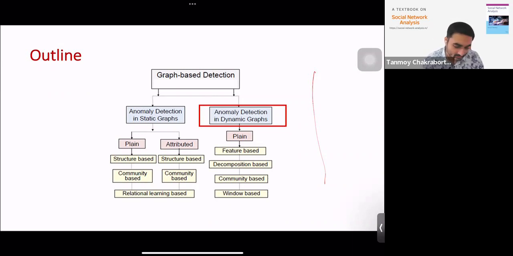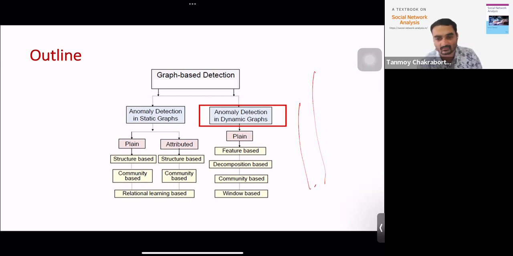Okay. So today the plan is as follows. We will consider dynamic networks. There are plenty of methods on anomaly detection for static networks, and I have only discussed a few. The survey paper that I mentioned at the beginning of the last class is very important.